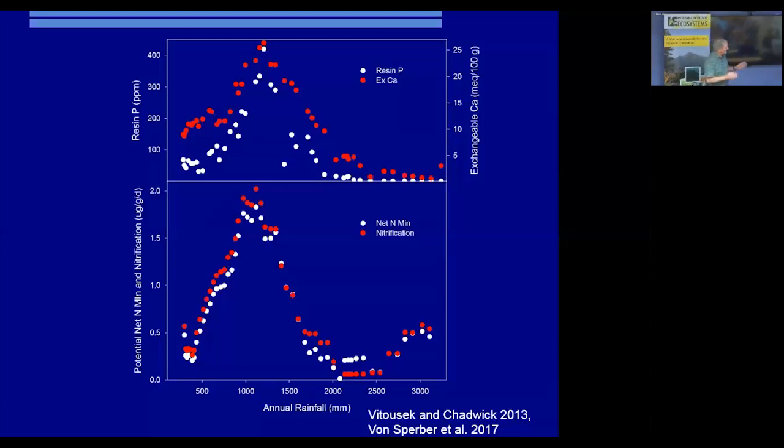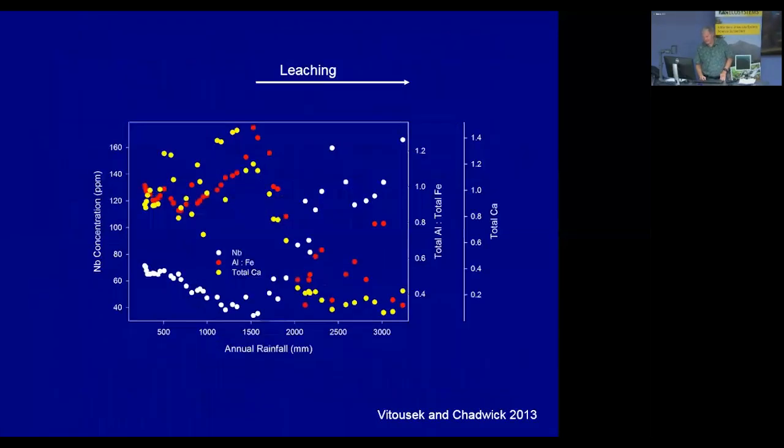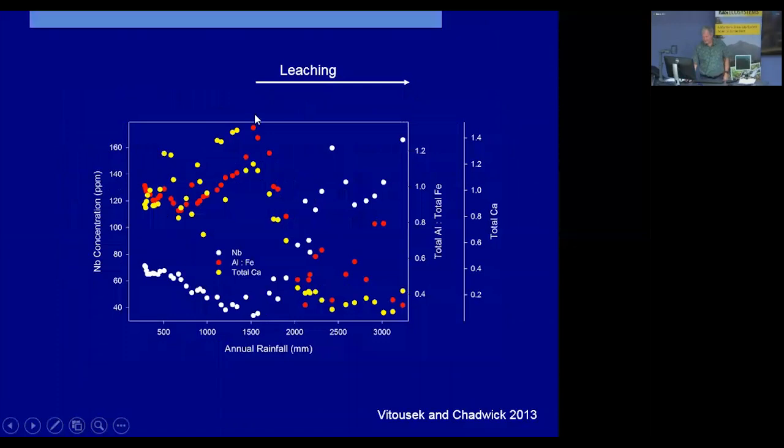One of the interesting things with this, if I can go back a little bit, is something that Jeannie and I have worked on also in both New Zealand and Hawaii. If you look at the change that occurs here, in these systems, it's irreversible.